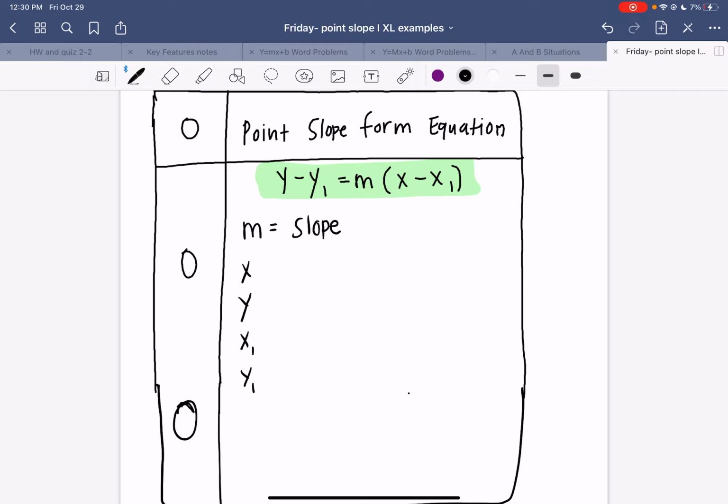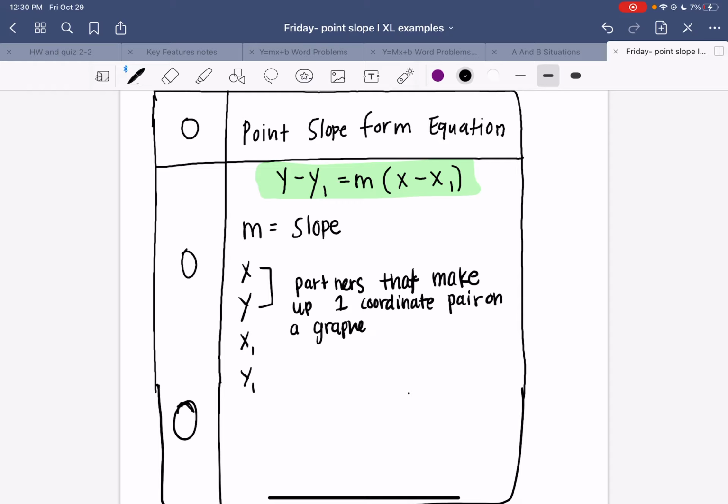So these two are partners that make up one coordinate pair on a graphed line. So example, x comma y. That is one point somewhere on the line.